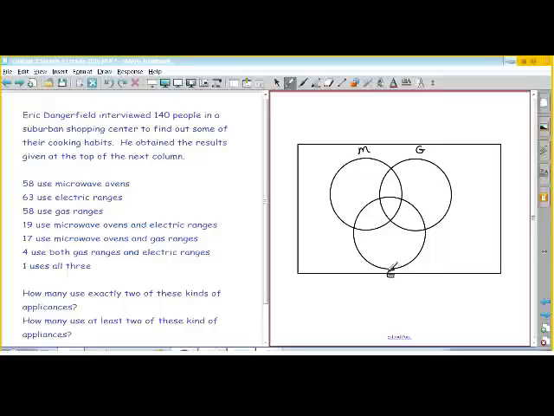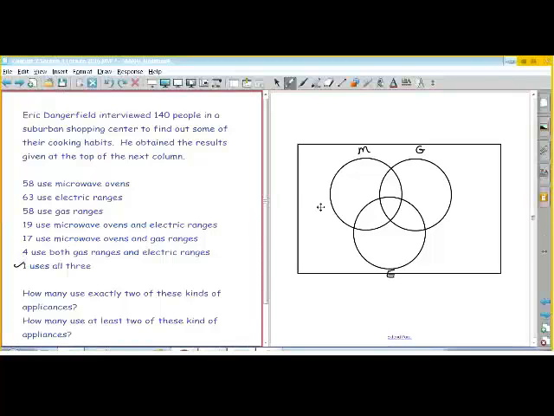Just like in the previous one, we take the intersection information first. So which one of these numbers represents the intersection of all 3? Somebody said 1, yeah, all 3. So we can fill that in, and we'll put a check by it as we use it. So that's the first thing we do, intersections.